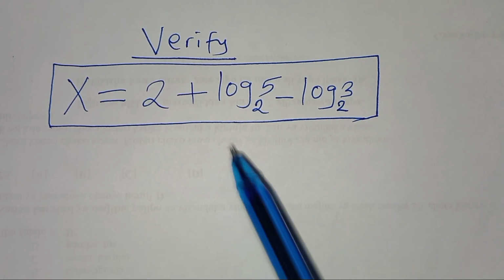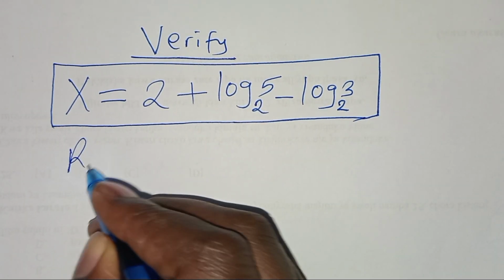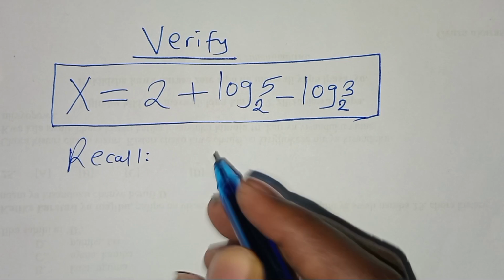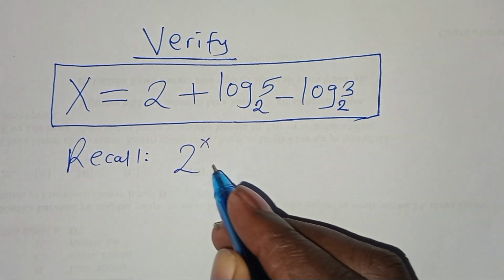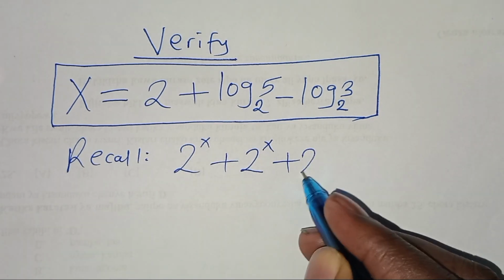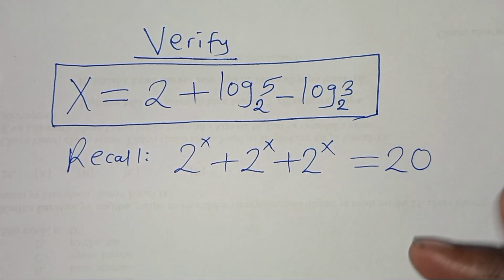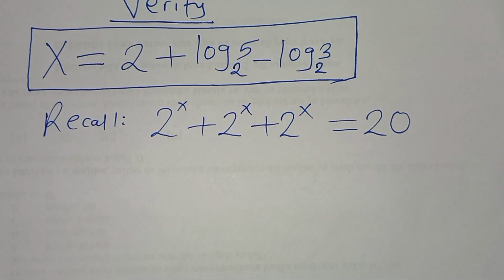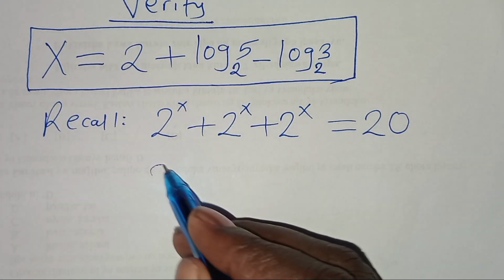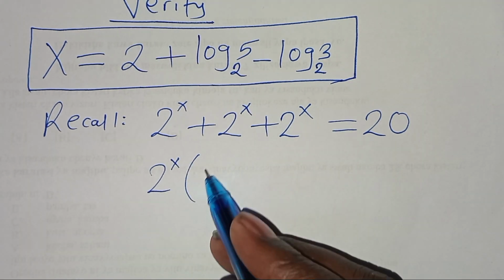Now let's verify that the value of x satisfies the equation. If you recall, we had that 2 to the power x plus 2 to the power x plus 2 to the power x should give us a value of 20. Since 2 to the power x is common here, we factor out 2 to the power x.